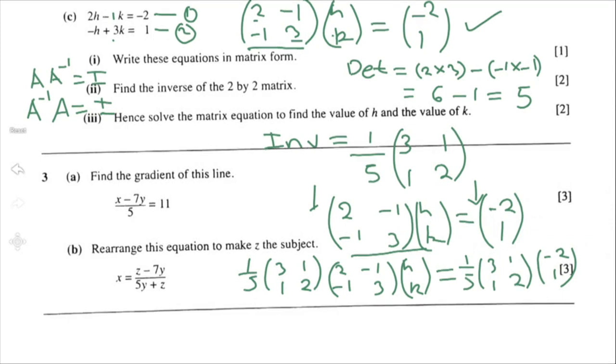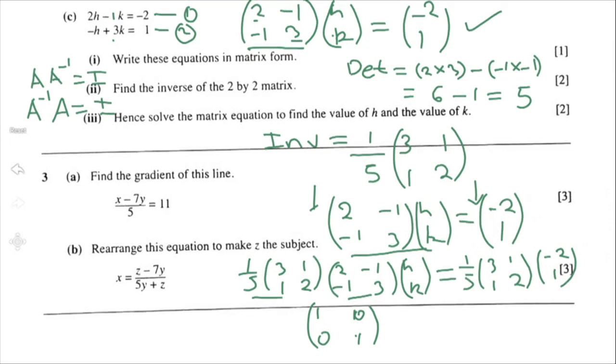So here, because the inverse of this matrix is that matrix on the left, multiplying the two, we expect to get our 2 by 2 identity matrix, which is 1 0 0 1.